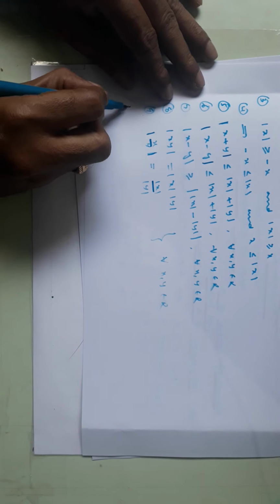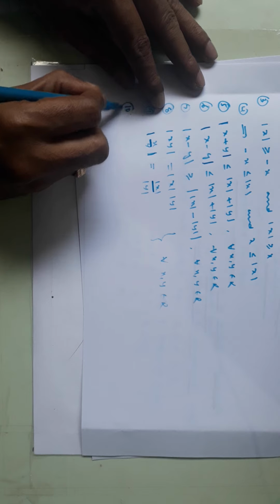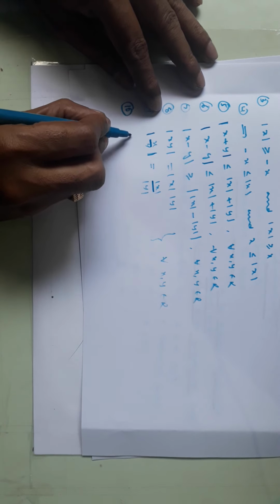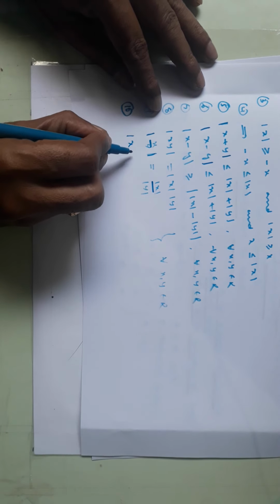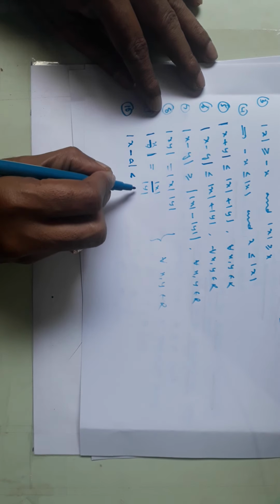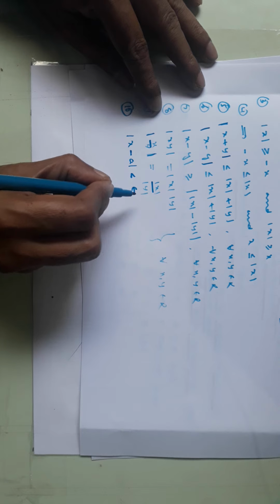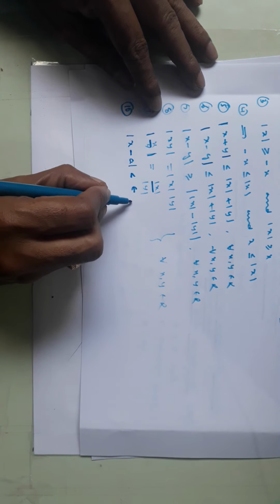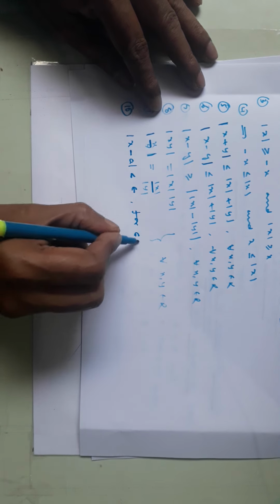So 10th one, mod x minus a is less than epsilon, for epsilon greater than 0.